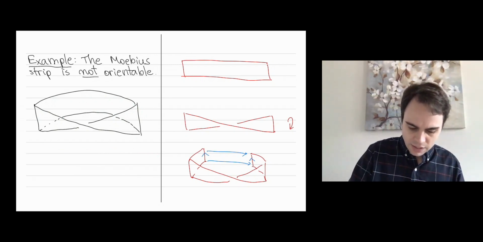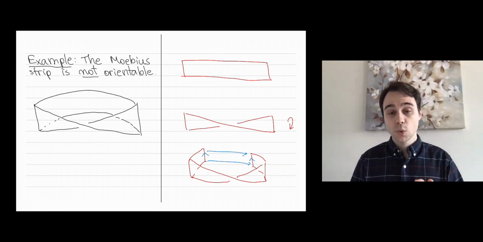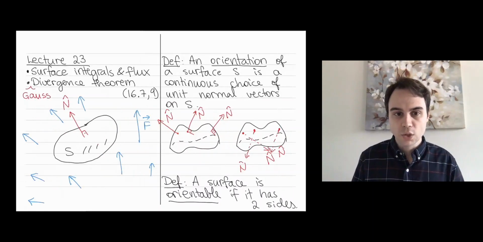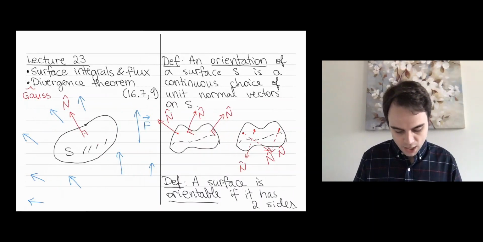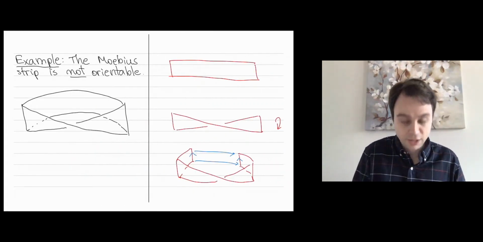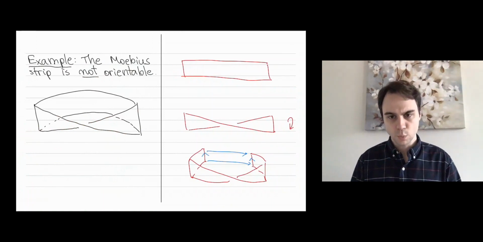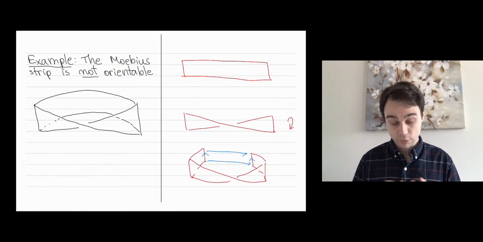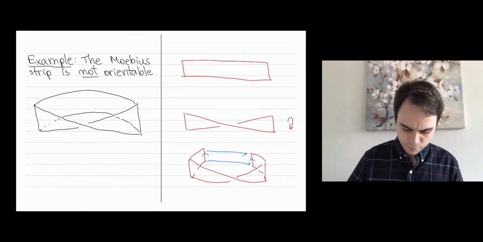So going back to orientations and normal vectors and flux, we're not going to be talking about flux across a surface like the Mobius strip, which has a single side. We will only talk about flux across surfaces which have two sides.